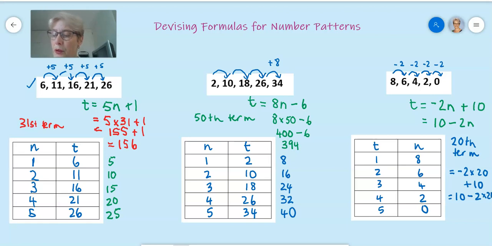That's a better way to put it. So what's 2 times 20? It's 40. So my answer will be 10 minus 40, which gives me -30. So for this particular pattern, my 20th term is -30.